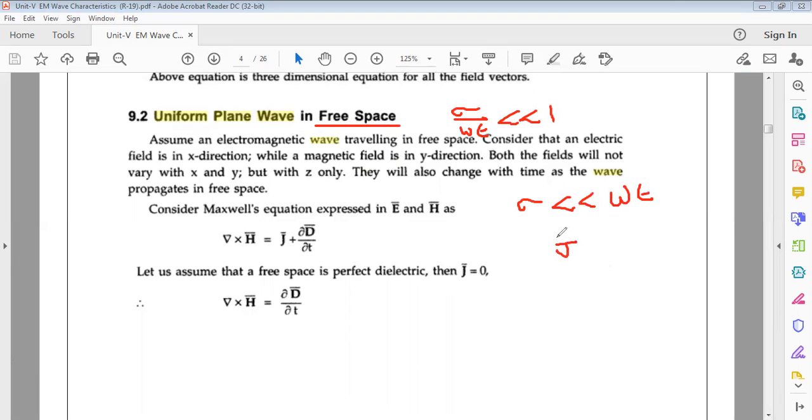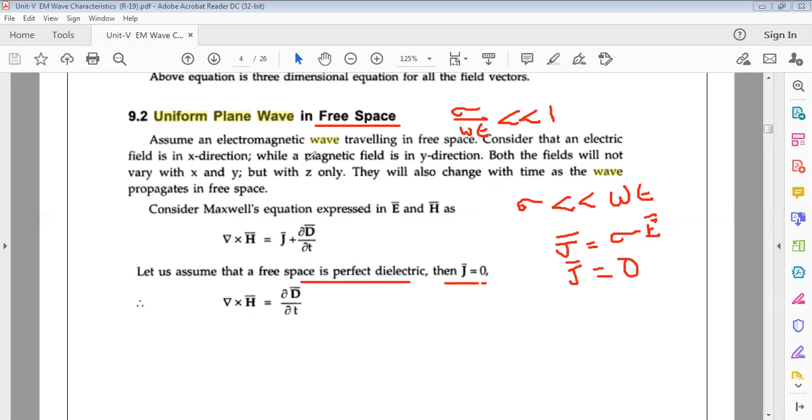Okay, so J bar is equal to sigma into E bar. Got it, my dear students? Sigma, the conductivity, is very, very less here. In the dielectric, the conductivity is very less. So the sigma is equal to 0. The J bar is equal to 0. Then it becomes a perfect dielectric. J bar is equal to 0. The equation becomes del cross H bar is equal to dou D bar by dou t.